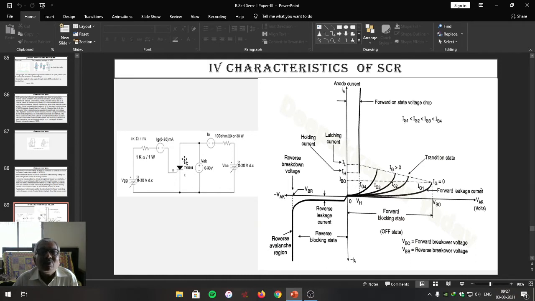At the beginning, we are going to connect the SCR in forward bias mode. That means the cathode of SCR is grounded.